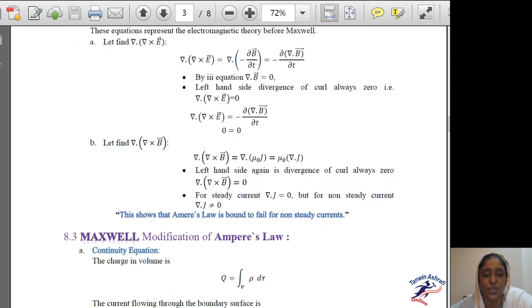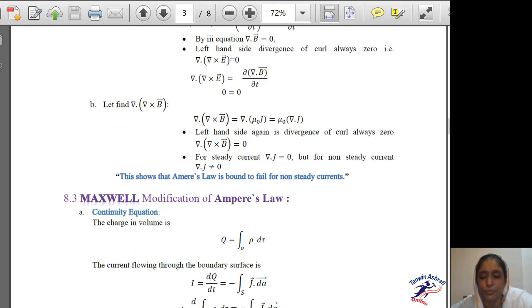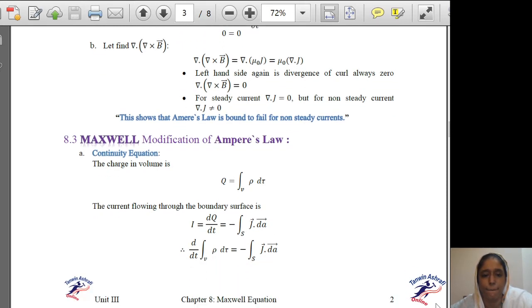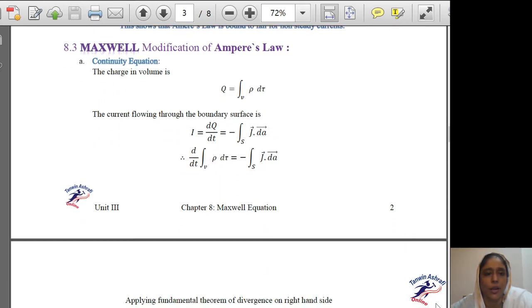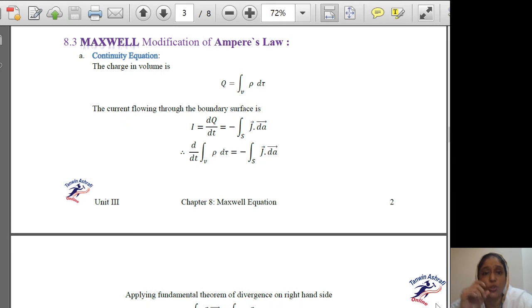Maxwell's modification of Ampere's law. First, we will find the continuity equation, since it is one of the basic fundamentals for the modification of Ampere's law. We know the charge in a volume, Q, is equal to the integration of rho d tau.